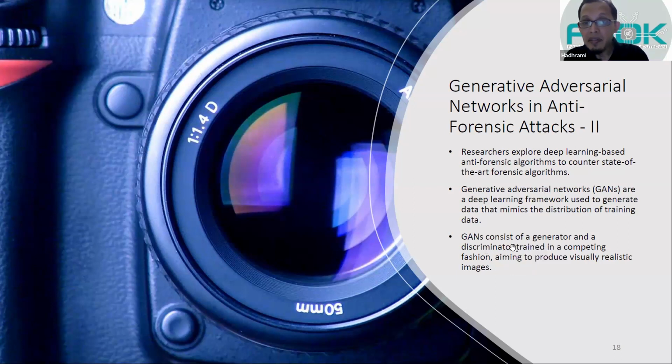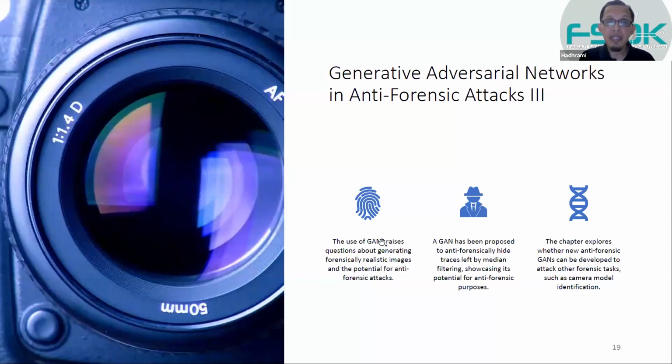The GANs consist of a generator and a discriminator trained in competition. I think we know these things, which have been widely explained about the GAN. We have this competing fashion between the one that we want to generate and the one that we want to generate against. The use of GANs raises questions about generating forensically realistic images and the potential for anti-forensic attacks.